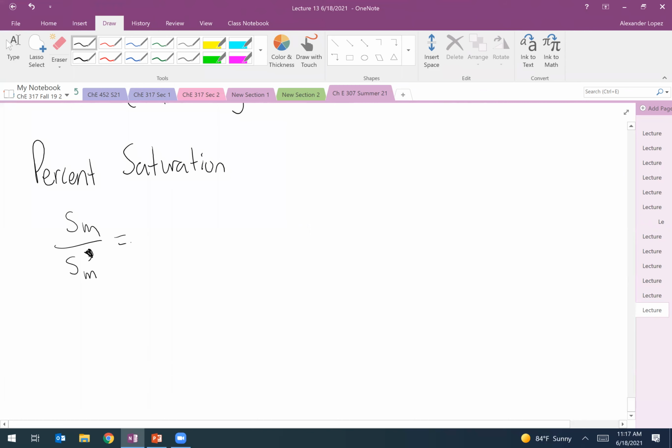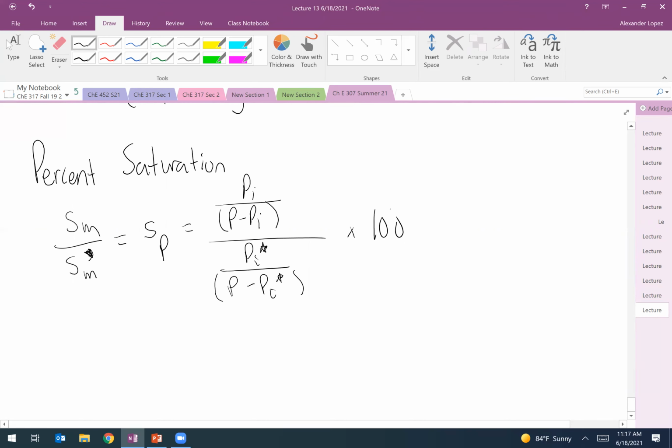And it's equal to P_i over (P minus P_i) divided by P_i* over (P minus P_i*). And if it's percent, we can multiply it times 100, make it a percentage.